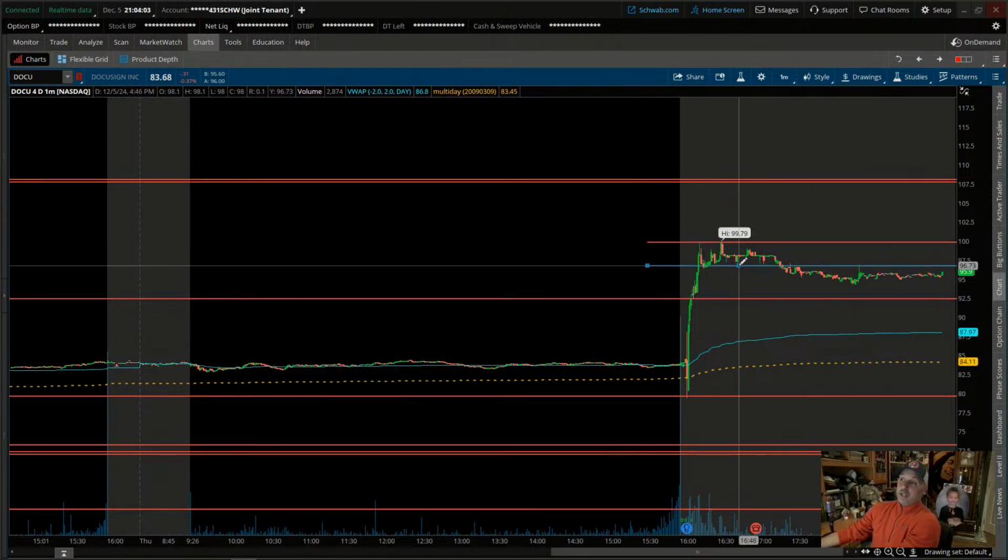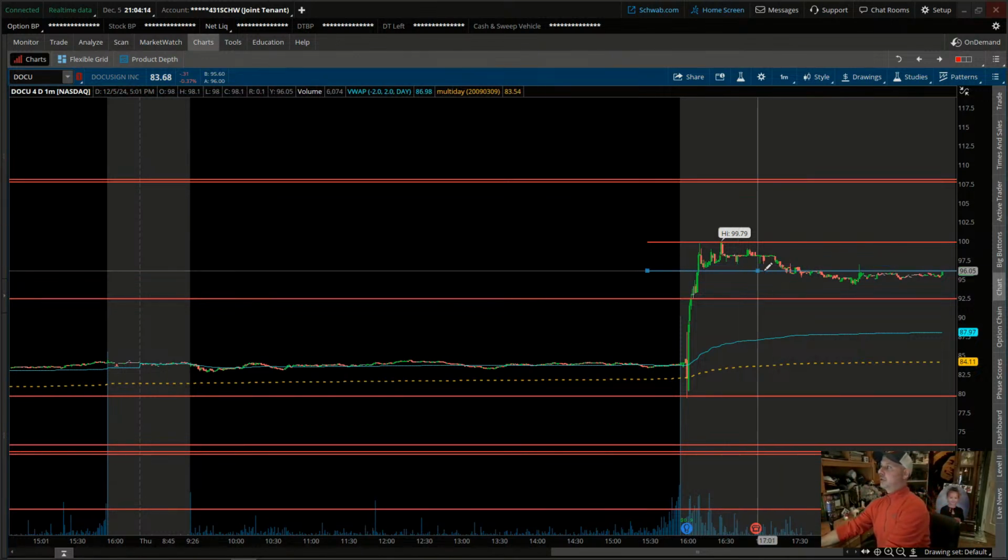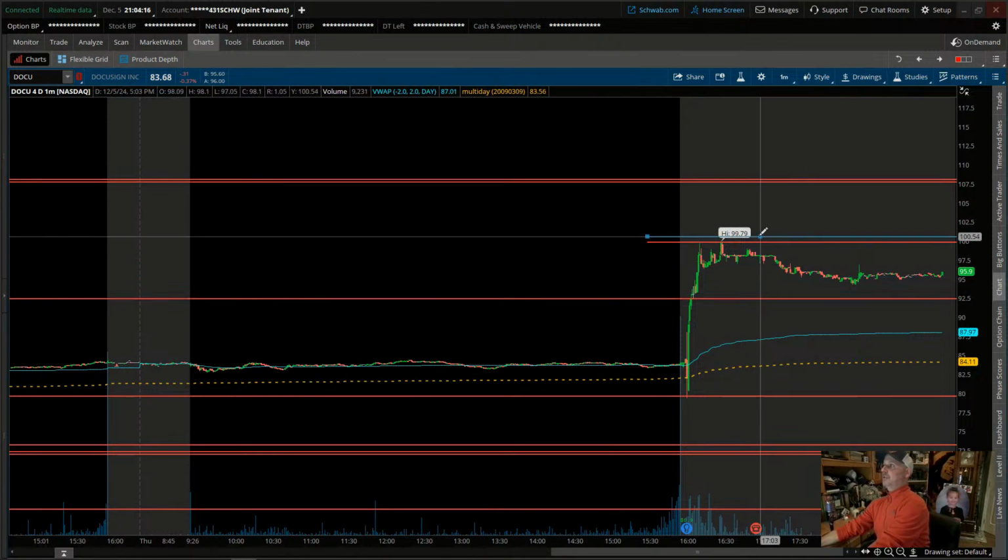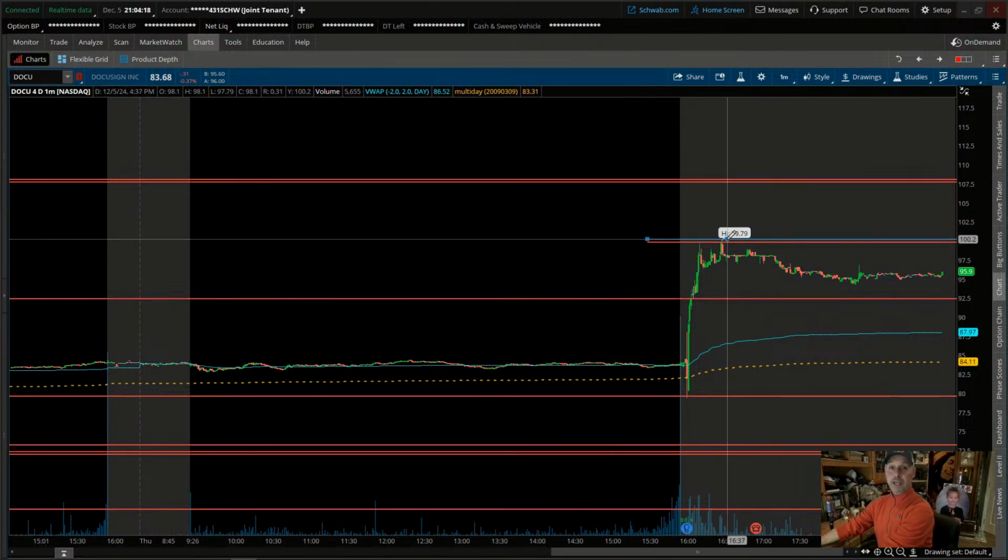If this stock's above 99.80 tomorrow, you better not be short. And let me qualify that statement for a second. When I say you better not be short, that means if you're shorting it and it starts to go against you, breaks 99.79, you better be out.